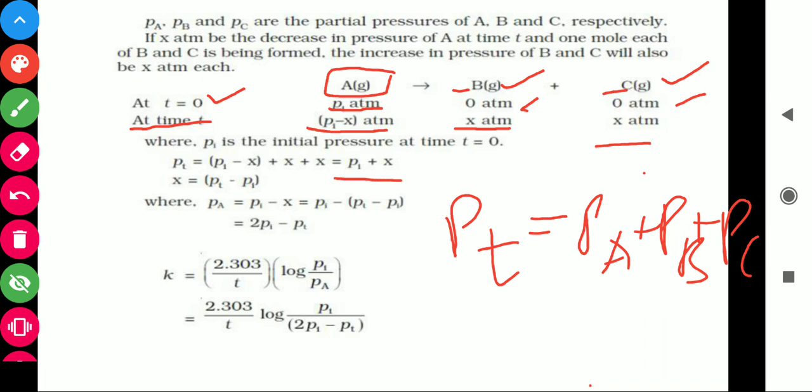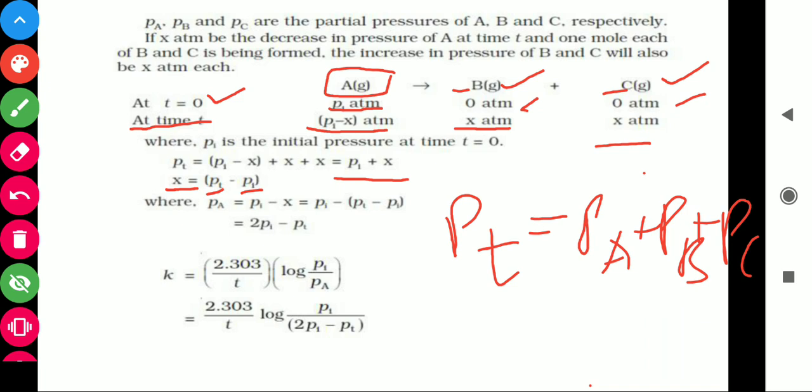Total pressure will be P1 plus x. And what will be the value of x here? PT is equal to P1 plus x, and x becomes PT minus P1.